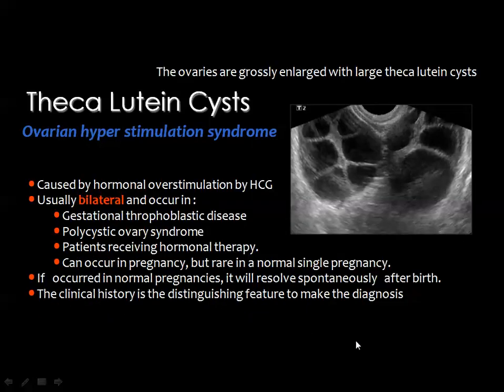The disease will be bilateral, and there are many big cysts in both ovaries. The ovaries are enlarged and they contain sizable cysts, not similar to the normal ovary, which contains cysts of different sizes, as I have mentioned before.